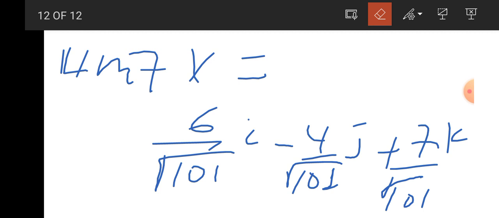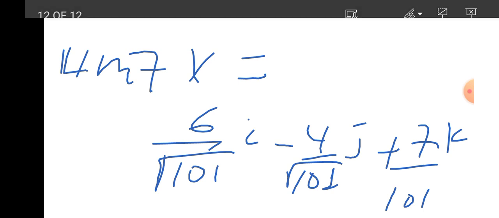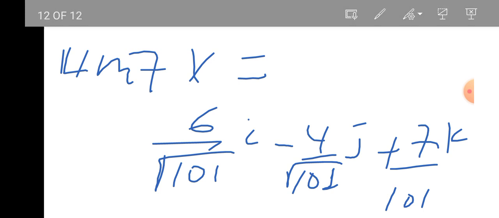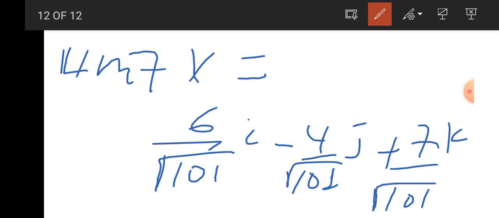Okay. This is the unit vector for the resultant vector.